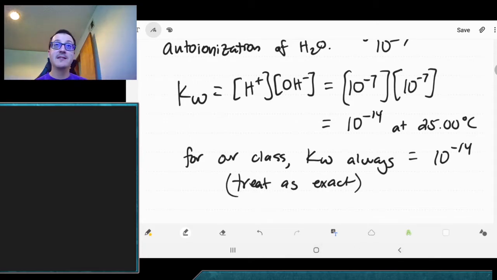So we're not going to worry about sig figs with Kw. All right, though in reality it is an experimental value, and we would have to see what temperature it is and all that. But for us, always 10 to the minus 14. That's it.